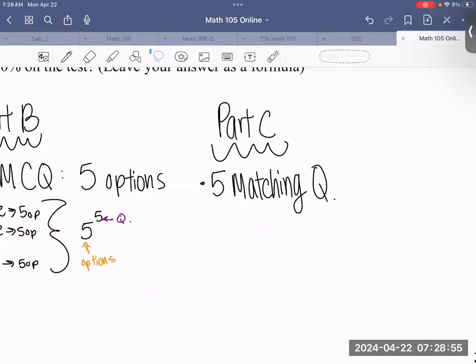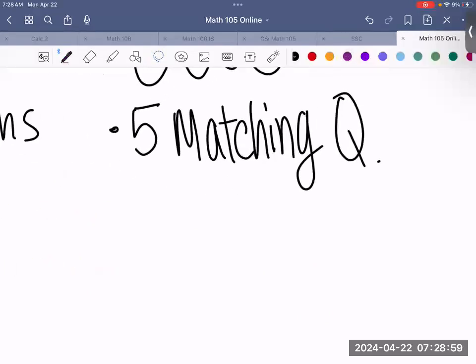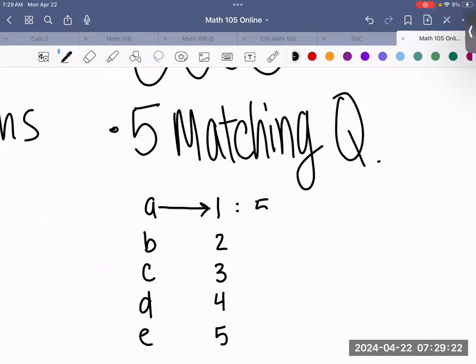So we have 5 matching questions one-to-one. So for an example, let's just say A, B, C, D, and E, 1, 2, 3, 4, and 5. So let's say A goes to 1. So A to start with though, how many options did A have to start? Because we haven't done anything, right? Well, A here now has 5 options.